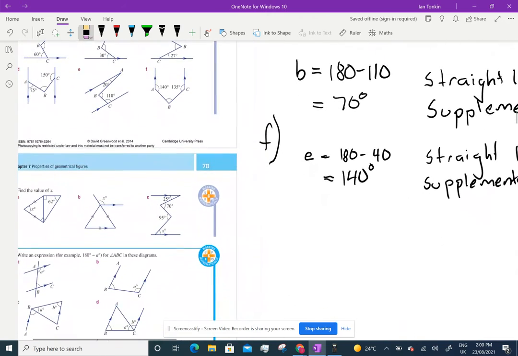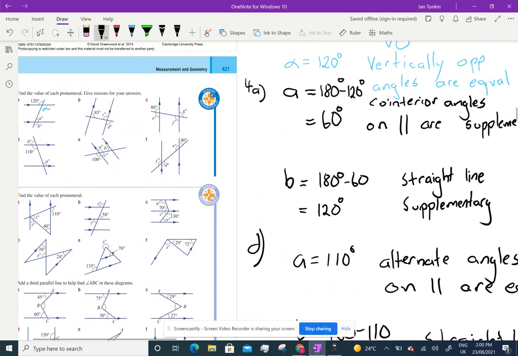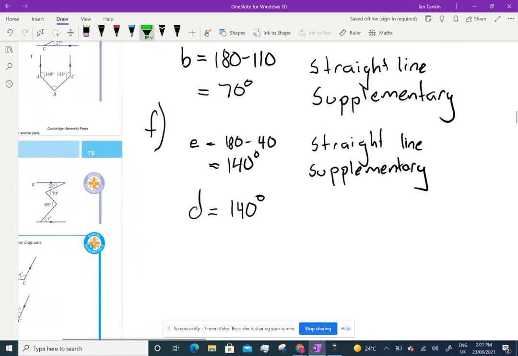Well, now I know D equals 140. Why? If I look here, you can see they're in a Z, and that D and that E are alternate.